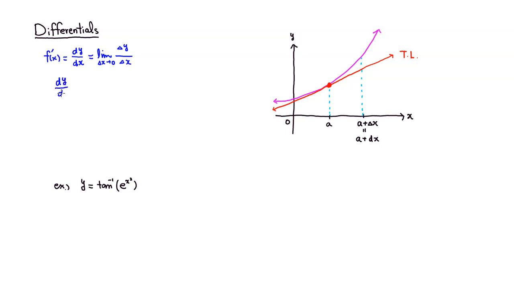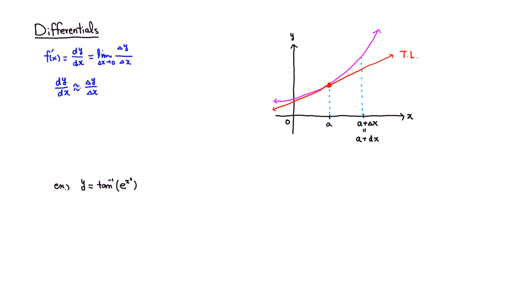We can approximate dy over dx by delta y over delta x, or the other way around.